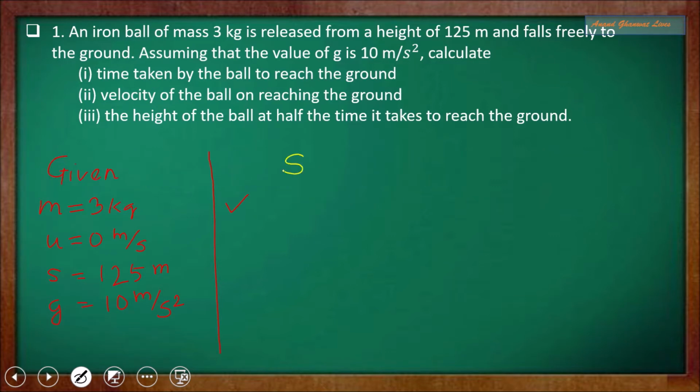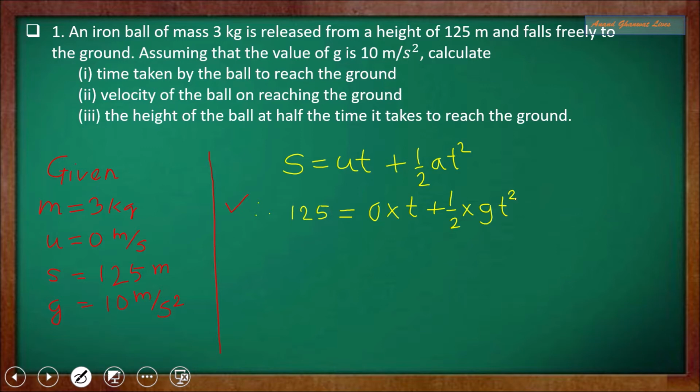s is equal to ut plus 1 half at square, by the second equation of the motion. So therefore now the value of s is 125, is equal to, now initial velocity u is equal to 0, so 0 into t plus 1 half into g t square. So a is equal to g, acceleration is equal to acceleration due to gravity.